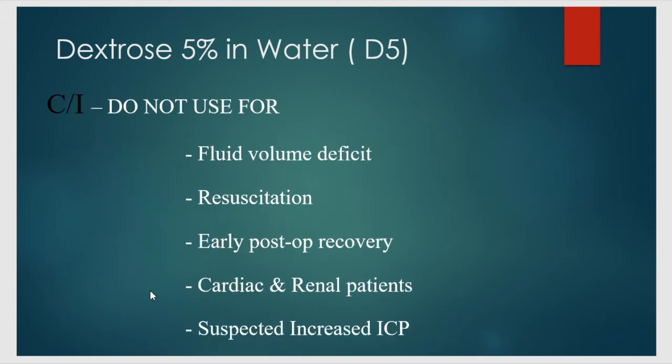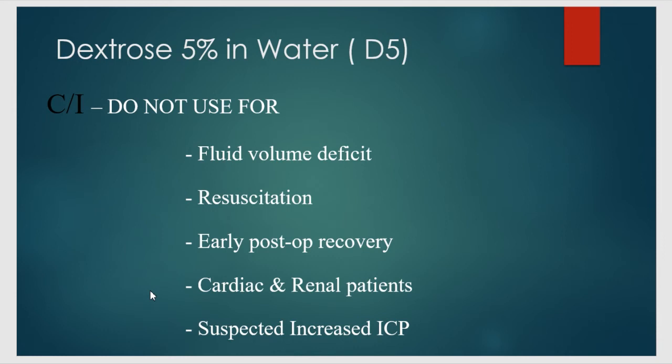Contraindication of dextrose 5% is whenever we want to resuscitate any patient, don't use 5% dextrose. Whenever we want to replace the fluid volume deficit, this is not the ideal choice. In early post-operative recovery phase, don't use dextrose 5%. In any cardiac and renal patients, avoid dextrose 5%.